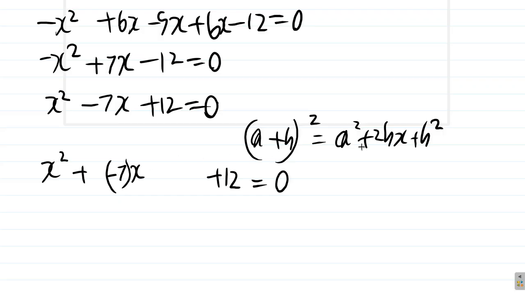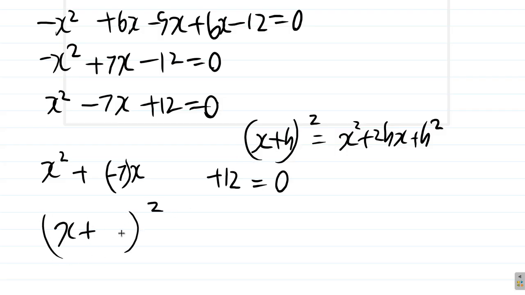Now here you have, oh, why did I put a here? It's x. I should have x plus h squared is x squared plus 2hx plus h squared. Right. My mistake there. Now, we want to write the left hand side as x plus something squared.